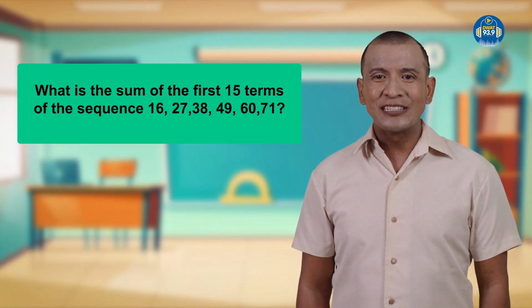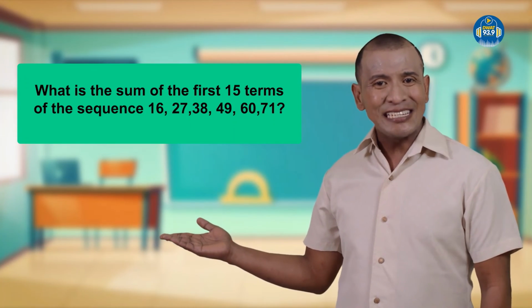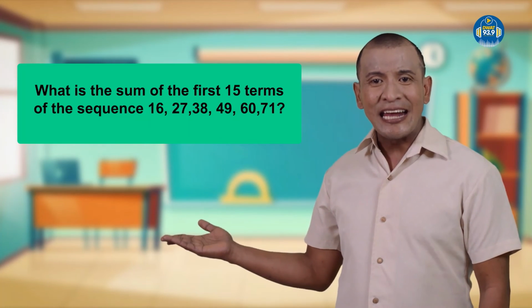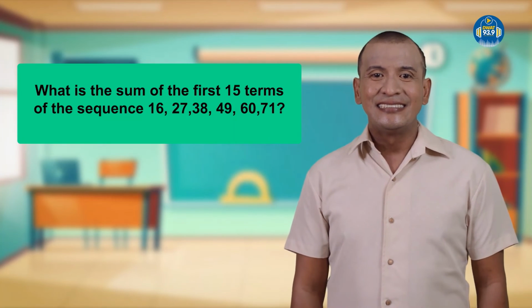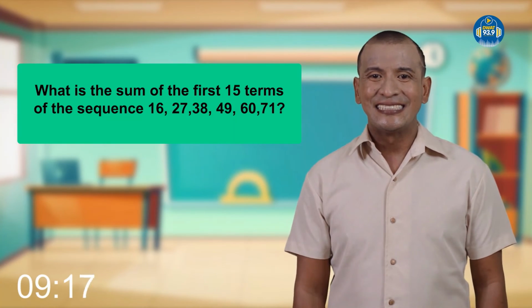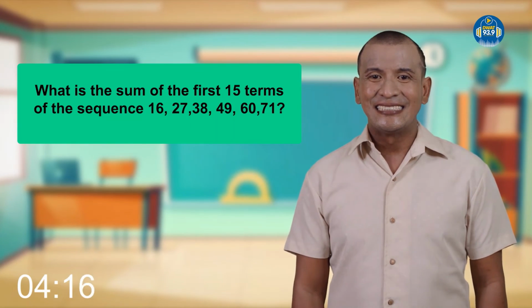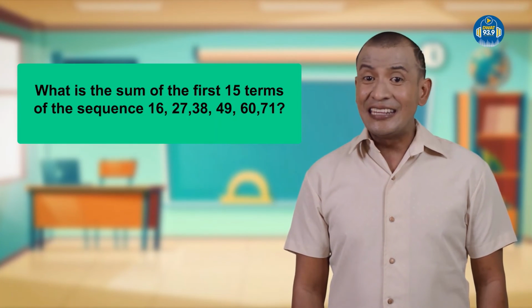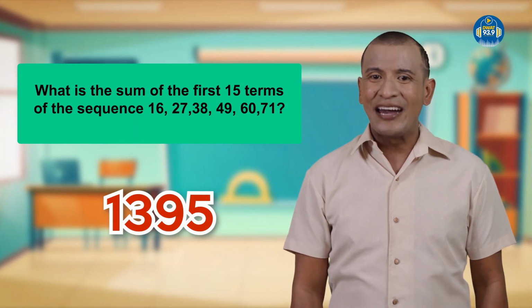What is the sum of the first 15 terms of the sequence 16, 27, 38, 49, 60, 71, and so on? What is your answer? Indeed, the answer is 1,395.